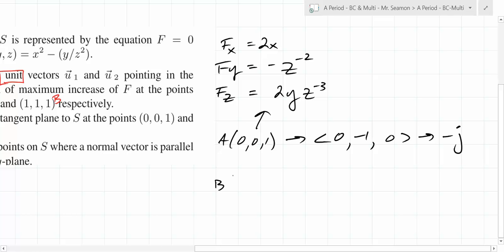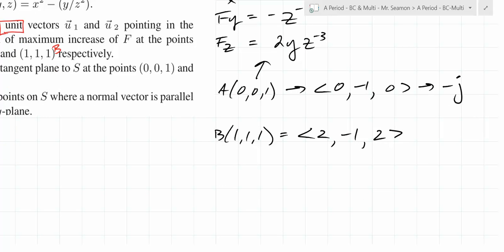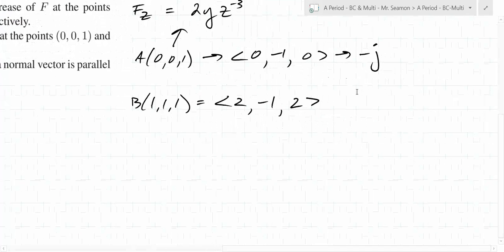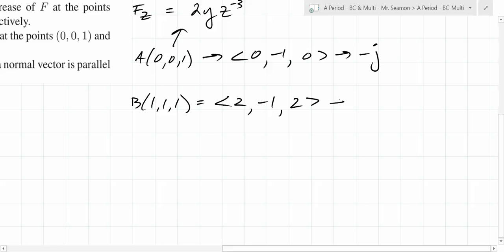But point B is 1, 1, 1, which gives 2, negative 1, and 2, right? Like this. Is that correct? Yeah. I think so. Okay. So in this case, our gradient vector is 2i minus j plus what? 2k.